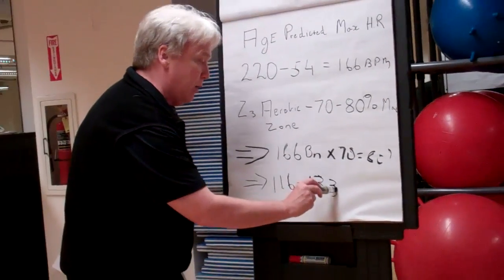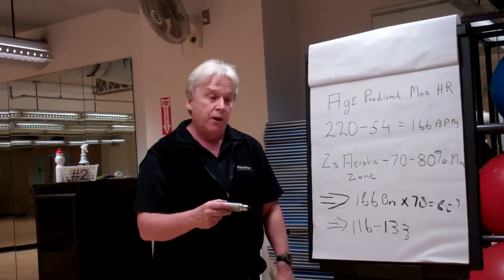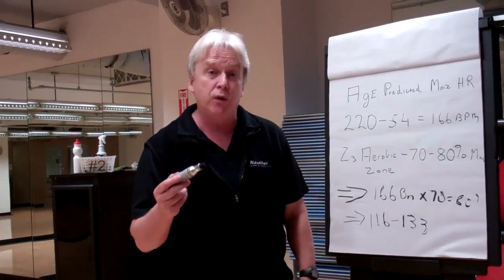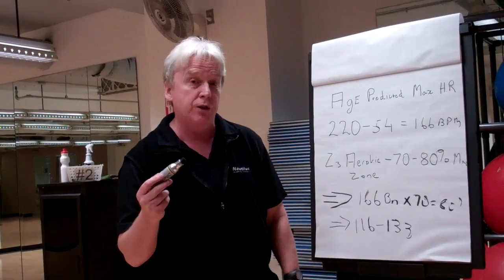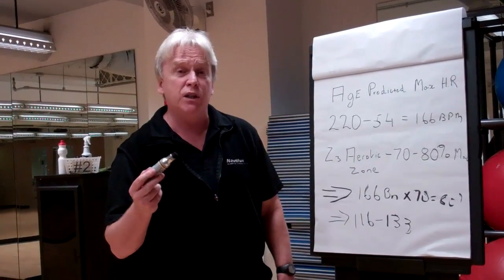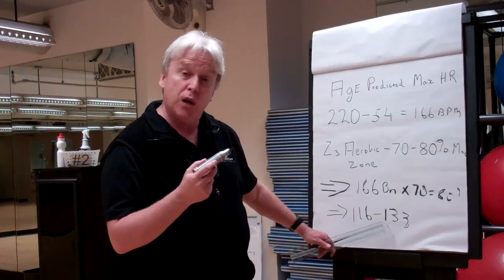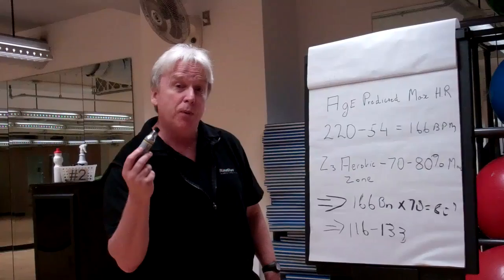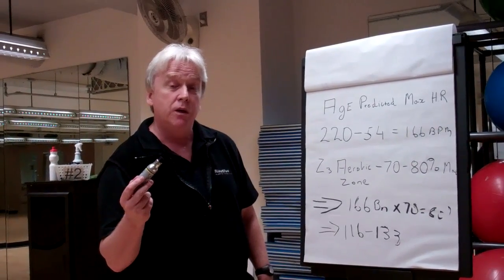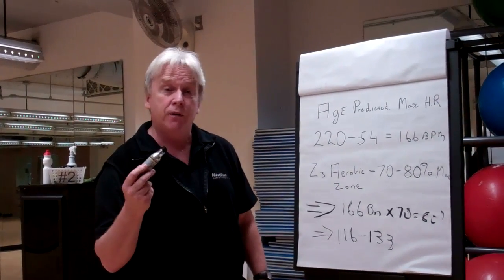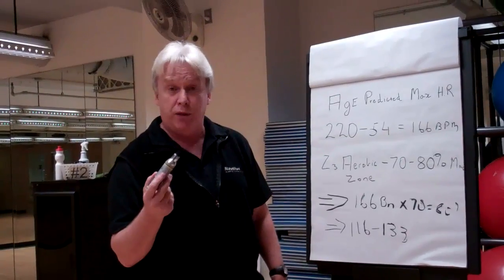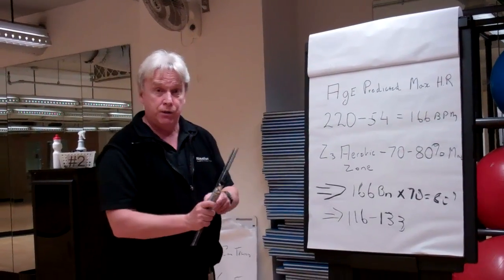Excuse me for my bad handwriting, but you'll get the general idea. That 116 to 133 is supposed to be my training range. If you're exercising regularly, that would probably be too low for me. The same would apply to nearly all of you as well, because I think you would find you all have greater capacity than the age predicted equations.